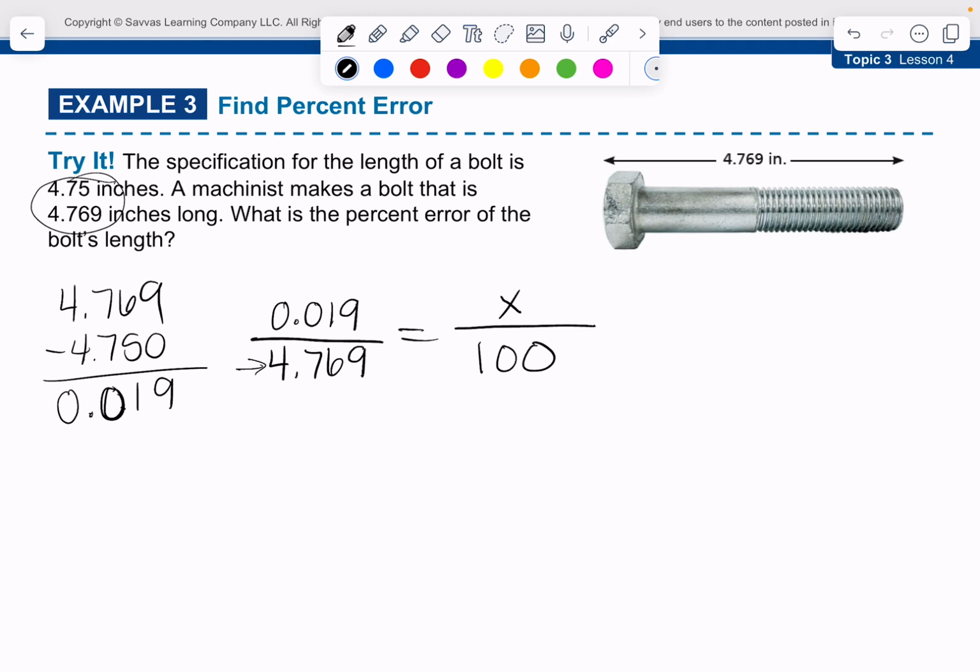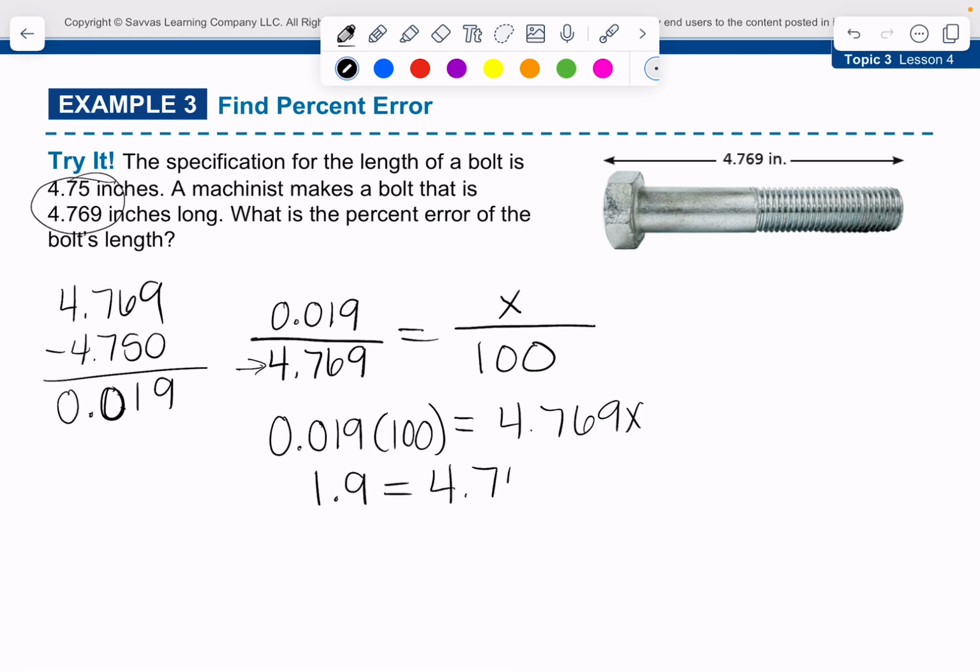So from here, we can use our cross products to solve. So I know that 19 thousandths times 100 is going to equal the same thing as 4.769x. And when I multiply, I'm going to get 1.9 is equal to 4.769x. And I can divide.